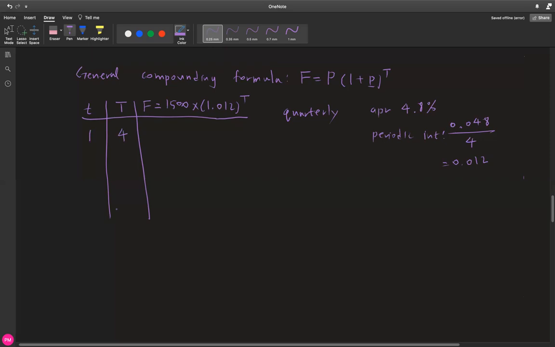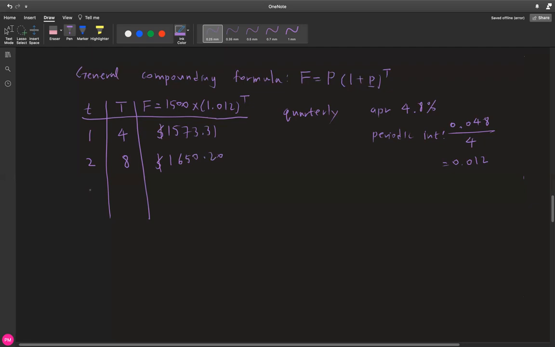By plugging in 4 here, you should be able to conclude that this ends up being 1,573.31. For the second year, it's going to be compounded 8 times, and this is now going to be, sorry, 1,650.2.